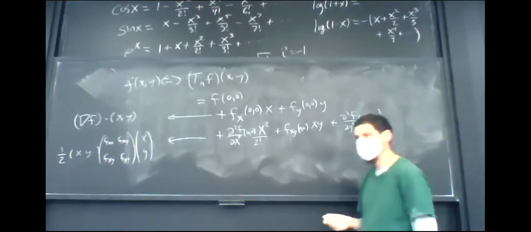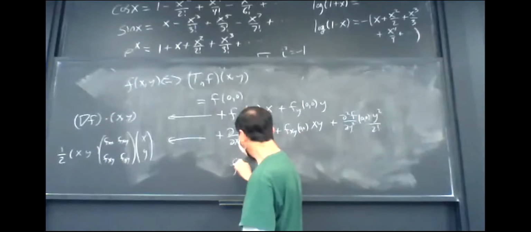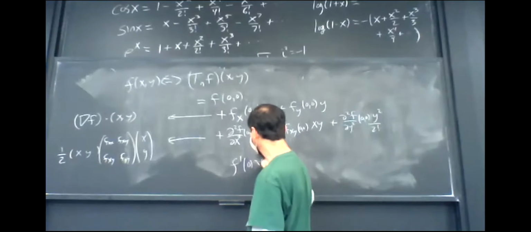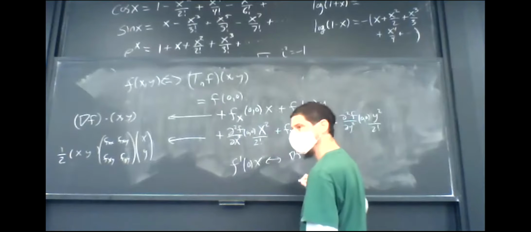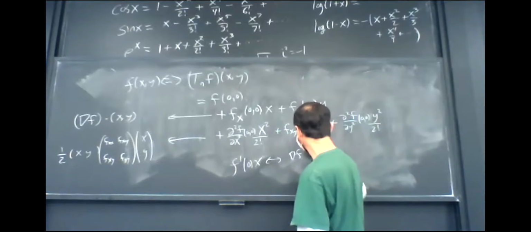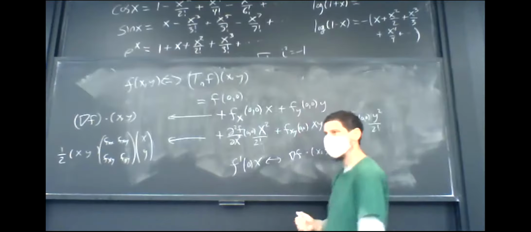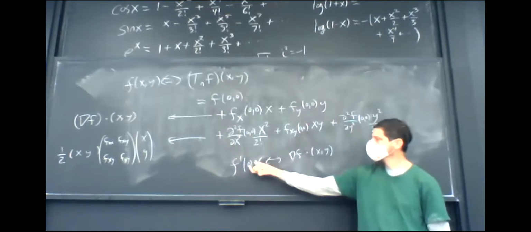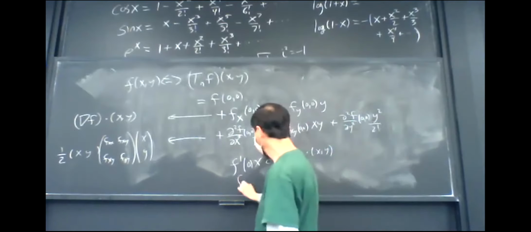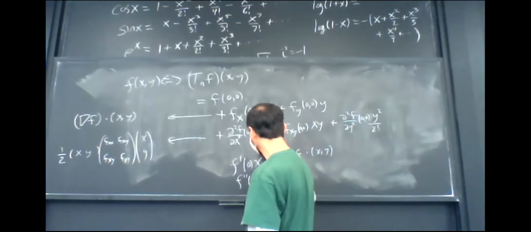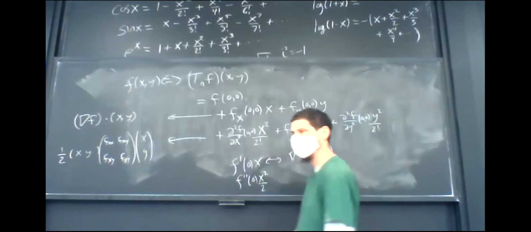But what we're trying to do is interpret how I can generalize f prime of 0 times x. Well, I can view this as the gradient of f dotted with xy. I have to be careful because now the derivative of f is a vector. How do I view f double prime of 0 times x squared over 2?